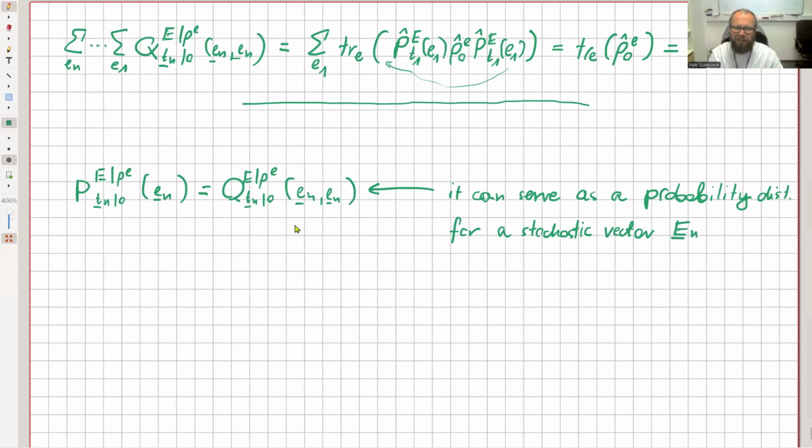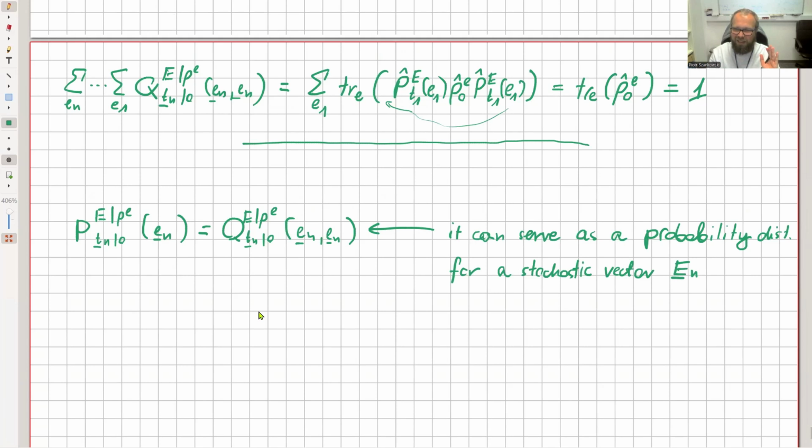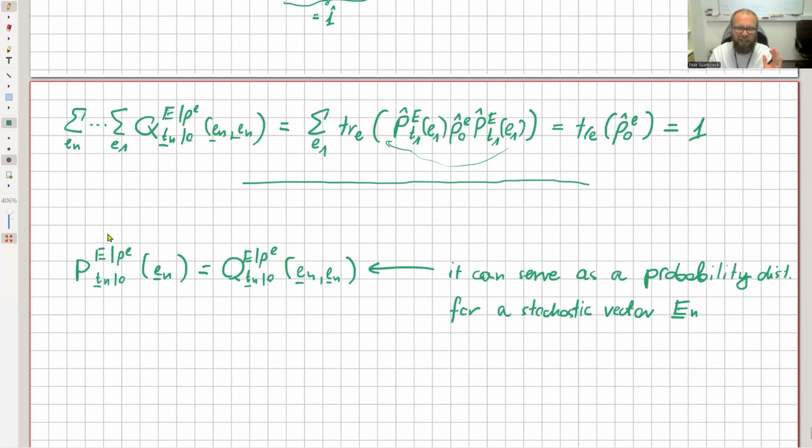Right? Because this is a multivariate probability distribution for all those En minus 1, and so on and so forth. Each of those functions for each sequence of timings, as we just showed, is normalized and non-negative. So for each of those sequences it can serve as a probability distribution.